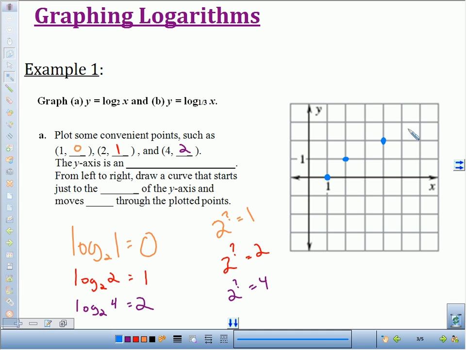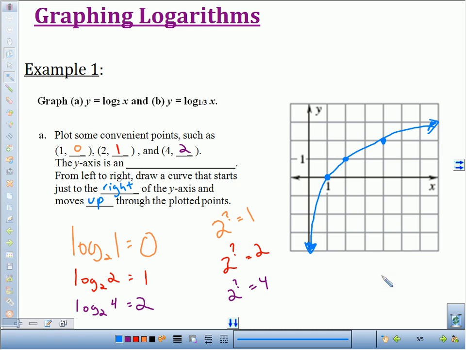Now, we're going to move from left to right, drawing a curve that starts just to the right of the y-axis and moves up through the plotted points. So we're starting just right of the y-axis and moving up through the plotted points. That gives us this graph.